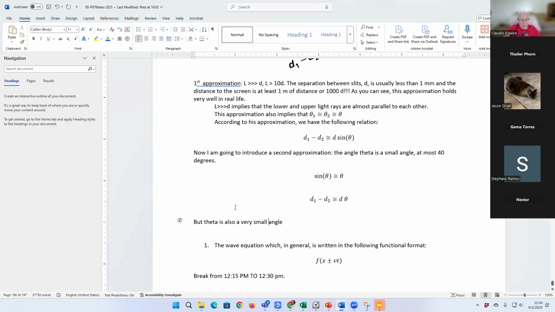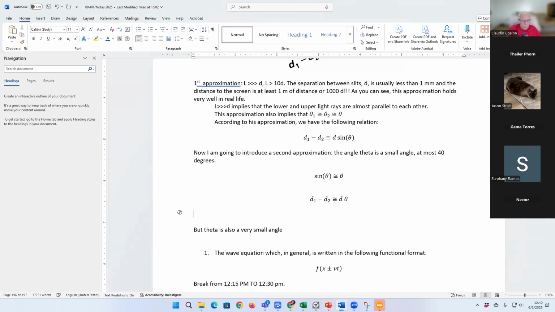What we're going to do next, now, we are going to predict where the bright spots of the double slit experiment occur.